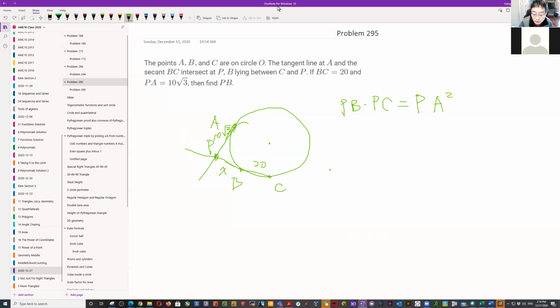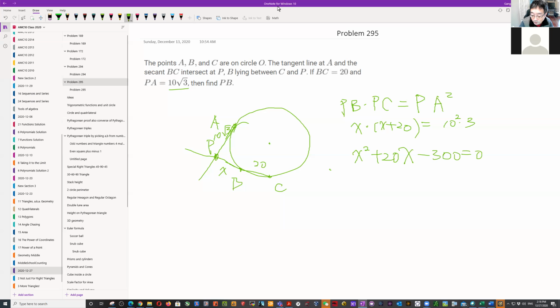If PB is X, then PC is X plus 20, so X times X plus 20 equals PA squared. PA is given, so that's 10 squared multiply the square root of 3 squared, which is 3. This is a quadratic equation: x squared plus 20x minus 300 equal to 0.